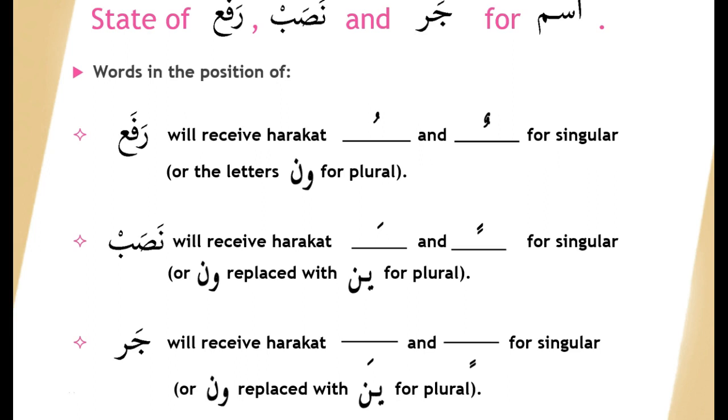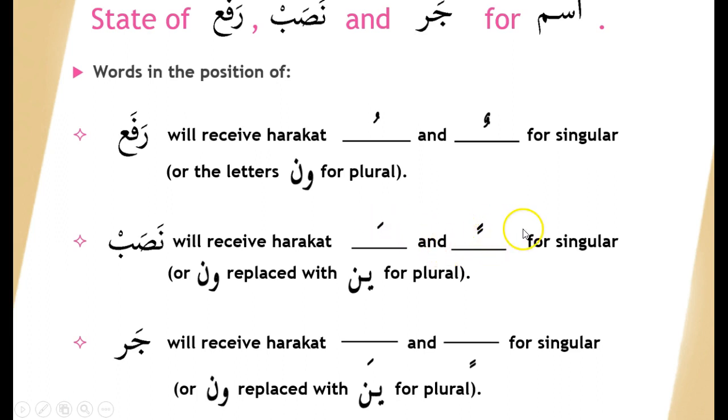For nasab, they will receive the harakat fatha or fathatain. Same thing: if there's an alif lam in front of the word, or it is an idafa, meaning it's a mudaf, then it will not have a tanwin, otherwise it has a tanwin.